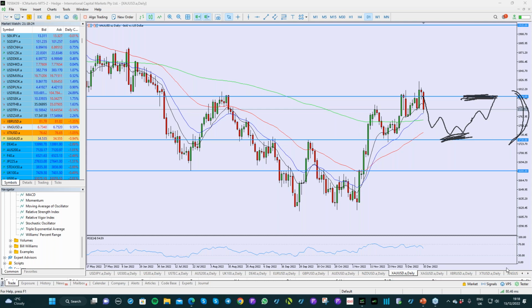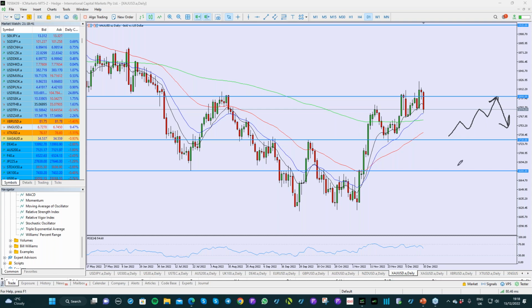Because if there are long trades setting up down here, it might be that price could reach this 1800 level, bounce at that level again and come down.